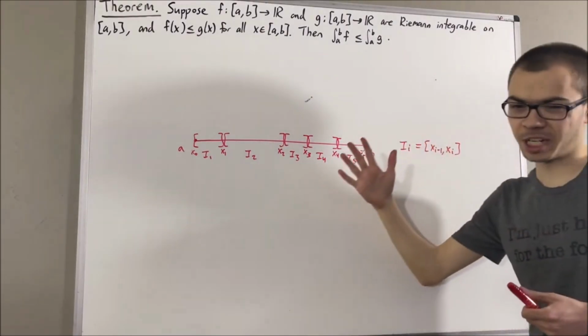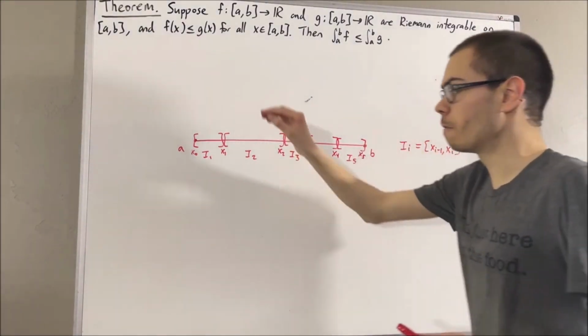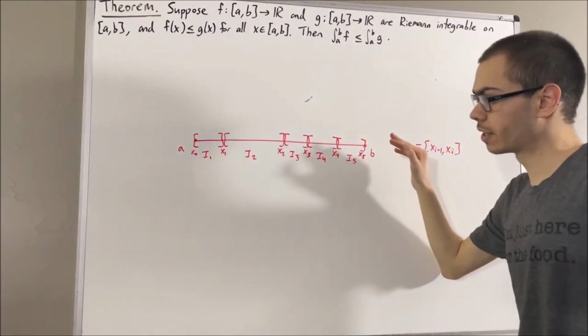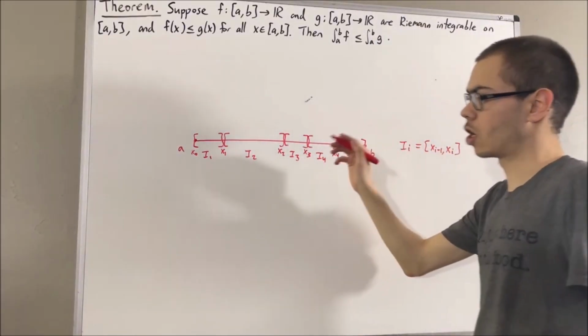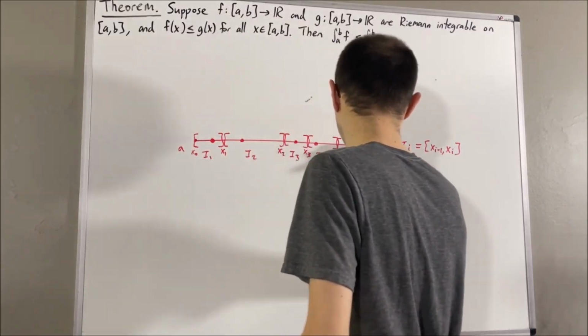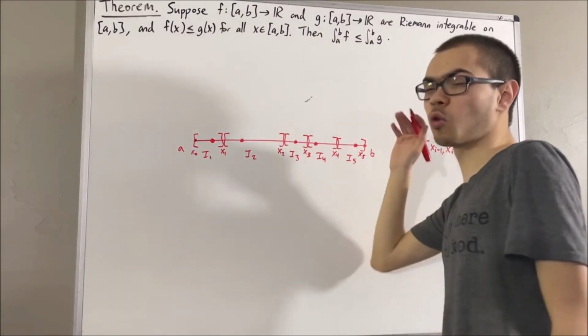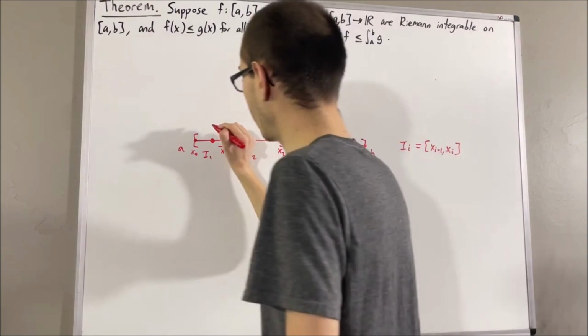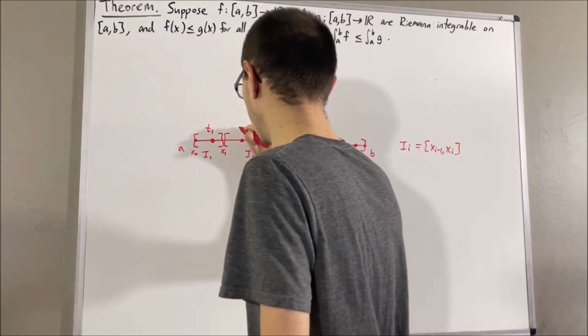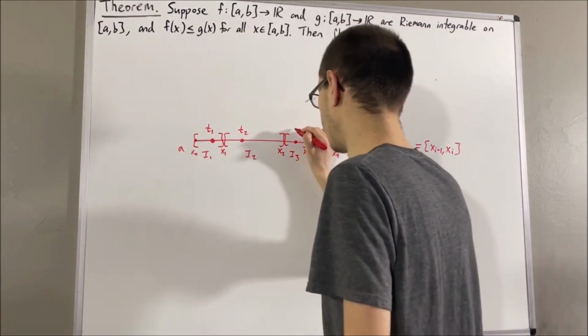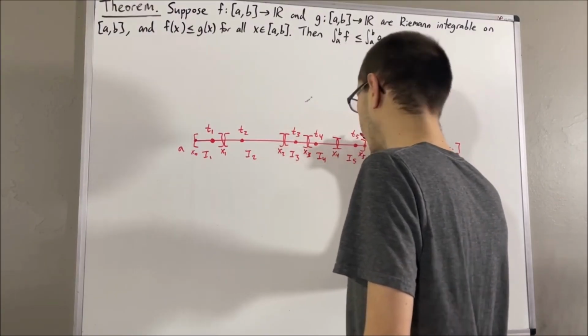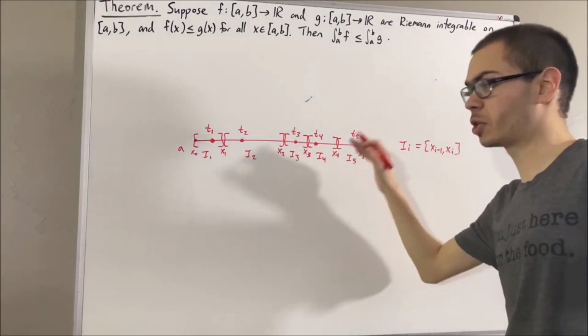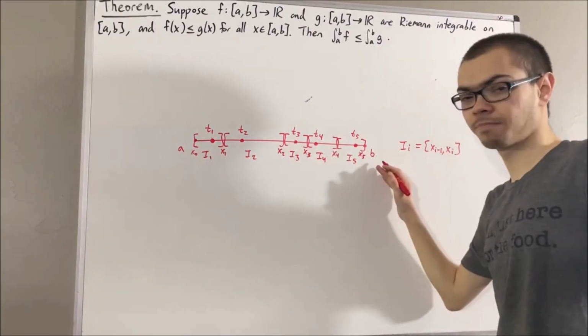Now a tagged partition is when we select a point from each subinterval. And let's say that the points that we select are these. The points that we select are what we call tags, and we might label the tags t1, t2, and so on. So this would be a tagged partition of [a, b].